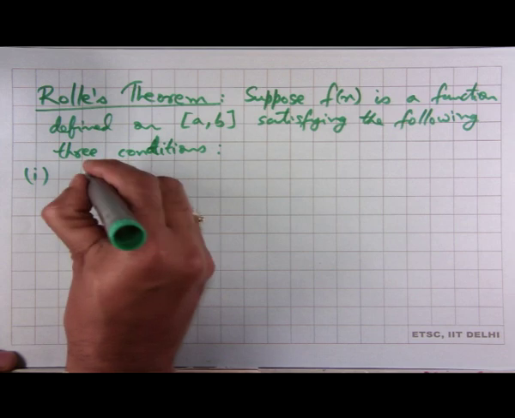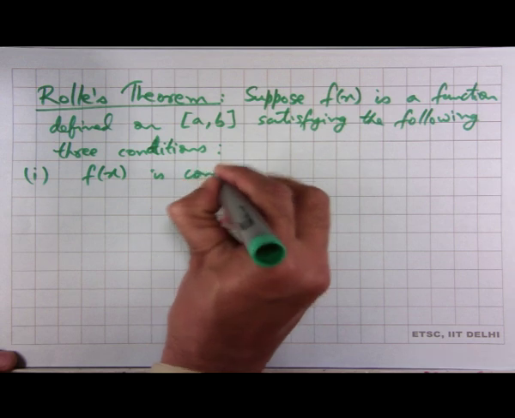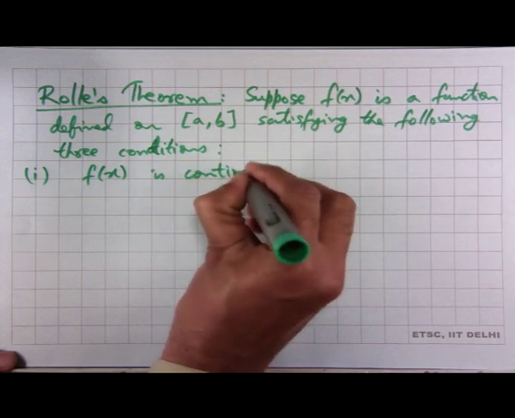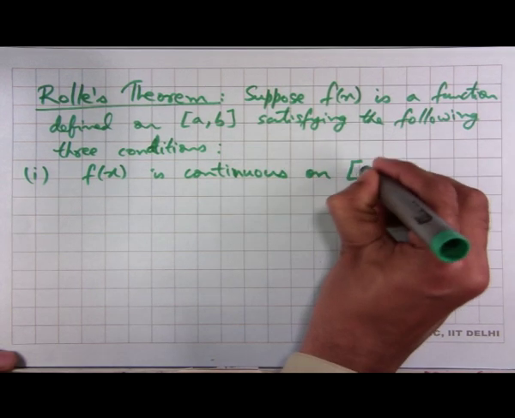First, we require f(x) to be continuous on the closed interval [a, b].